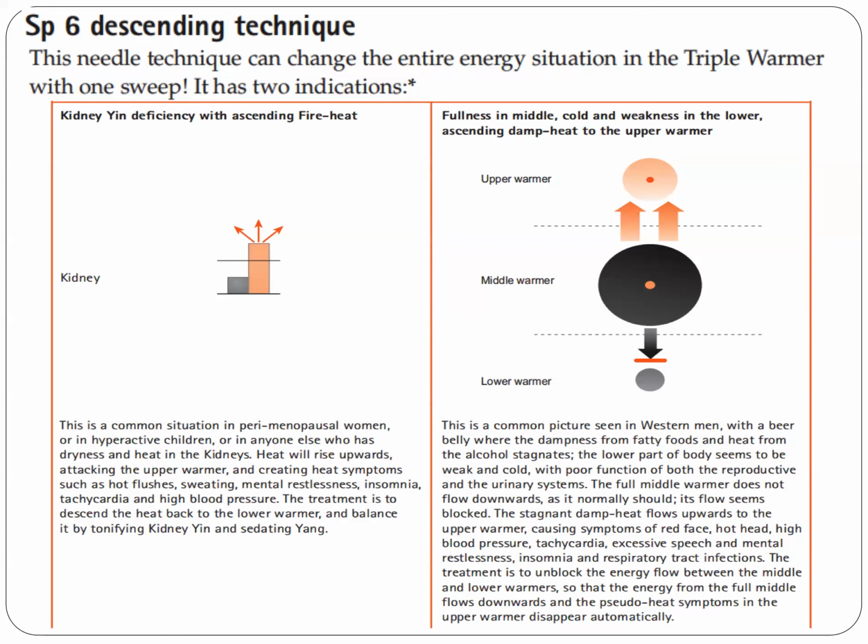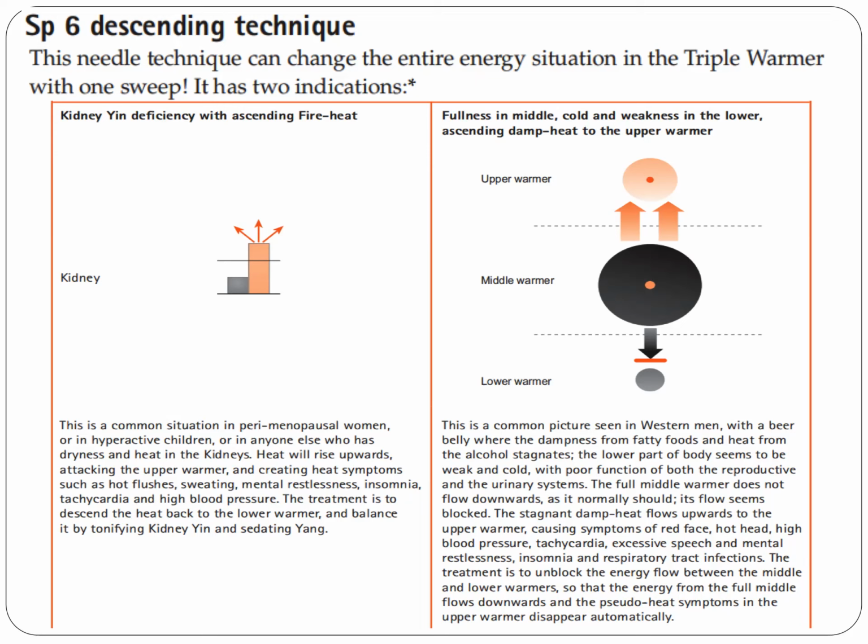Okay, so ibig sabihin medyo matagal na po yung kanyang kidney yin deficiency, nagkaroon na po ng heat, no? And another indication is when you have fullness in the middle, cold and weakness in the lower, ascending damp heat to the upper warmer.